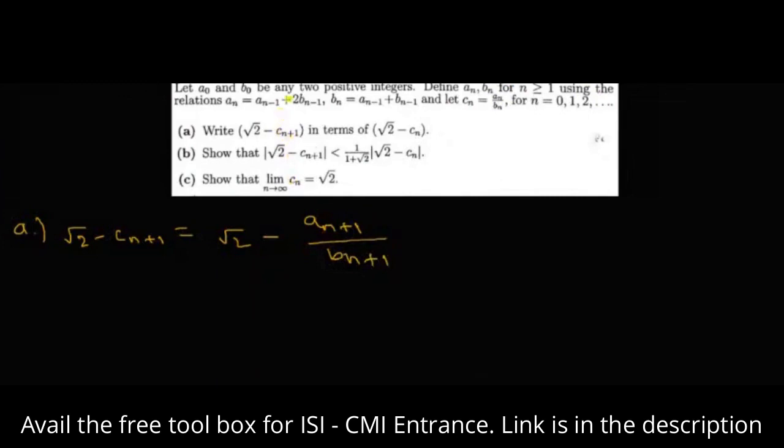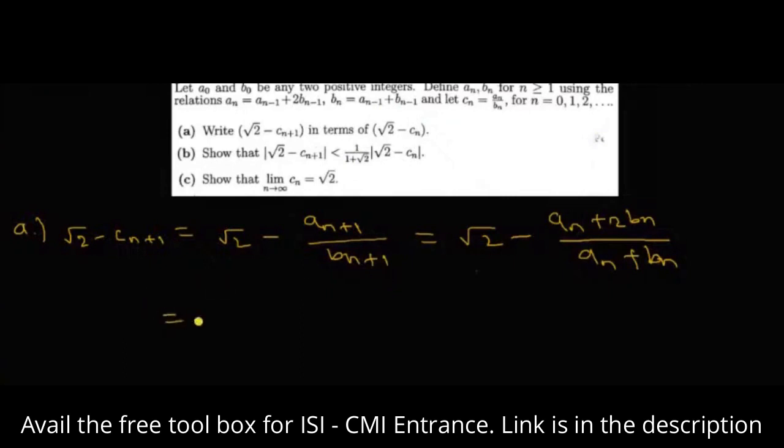It will be a_n plus 2b_n, right? So root 2 minus a_n plus 2b_n divided by what will be b_(n+1)? It will be this way, right? So a_n plus b_n.